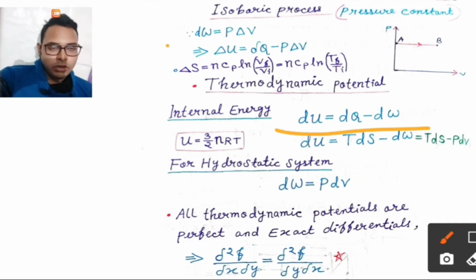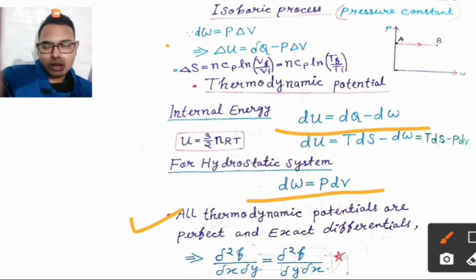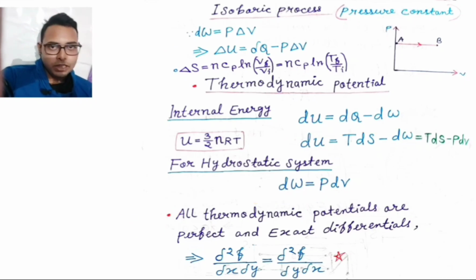For a hydrostatic process, dW is equal to PdV. Okay, and all thermodynamic potentials will be exact differentials.